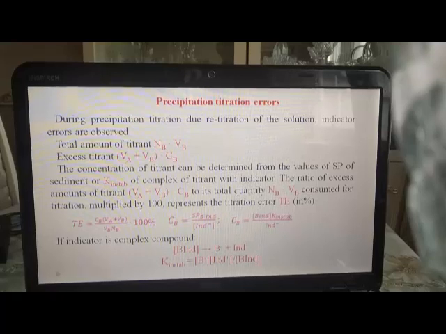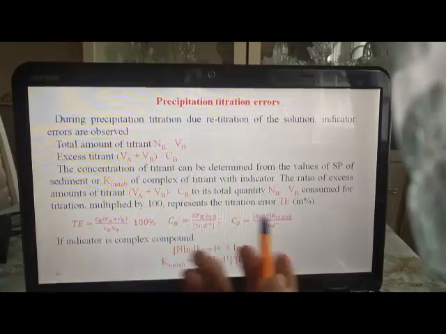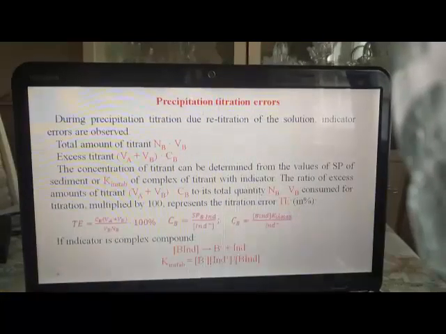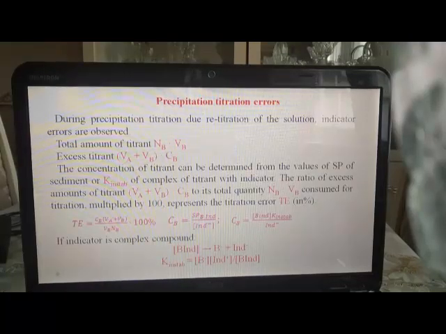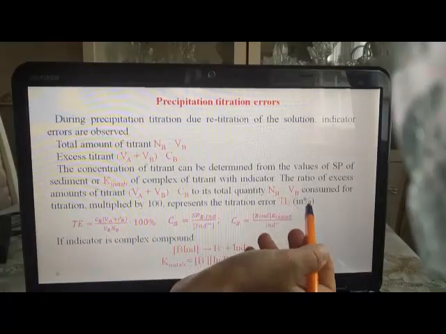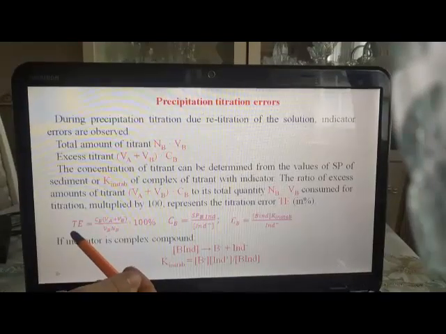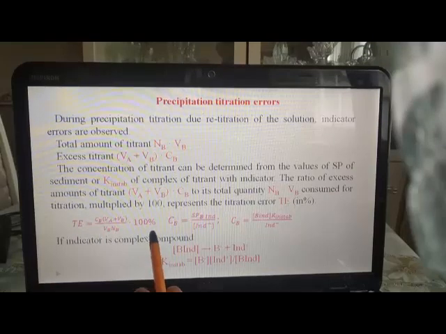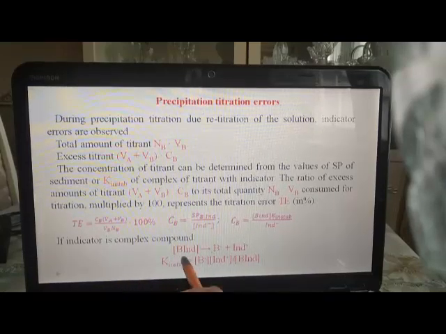The ratio of the excess amount of titrant to its total quantity consumed for titration, multiplied by 100, represents the titration error in percent, and we find the titration error using the equations. If the indicator is a complex compound, we use this equation.